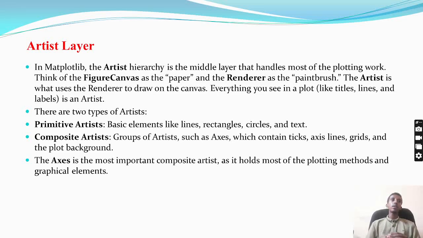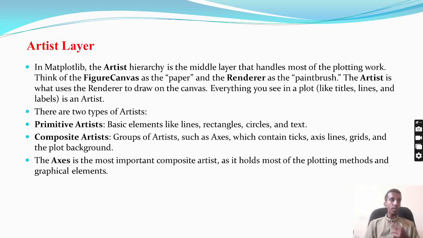Think of the figure canvas as the paper, the renderer as the paintbrush, and the artist as the one who draws on the paper using the renderer. Everything you see in a plot, like titles, lines, and labels, is an artist.